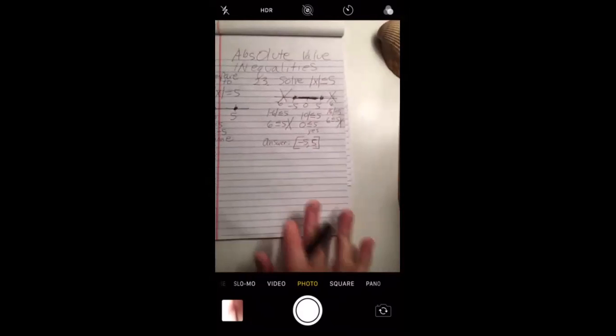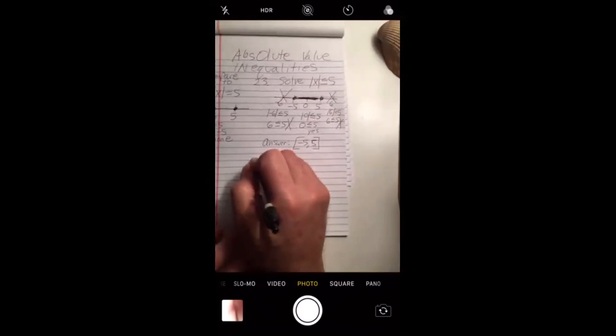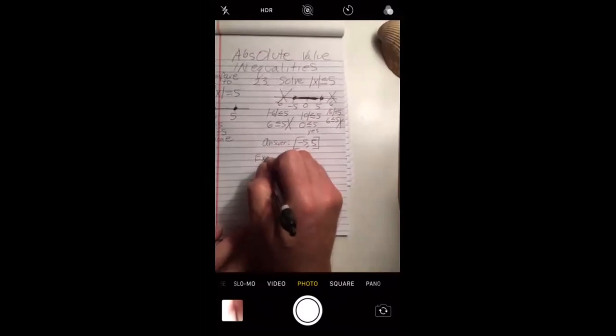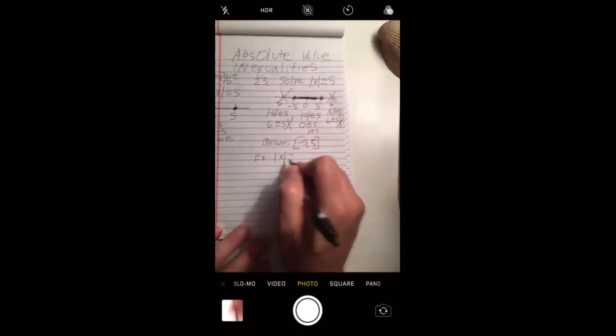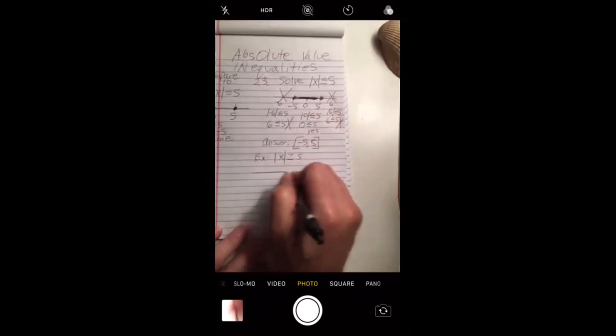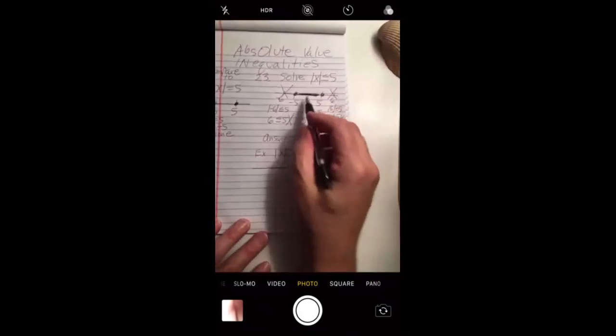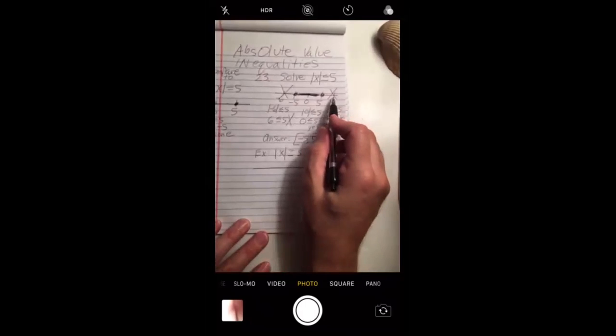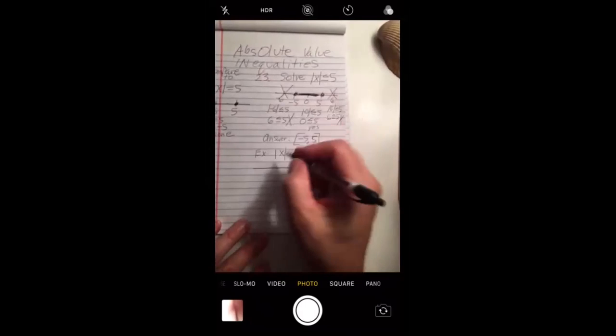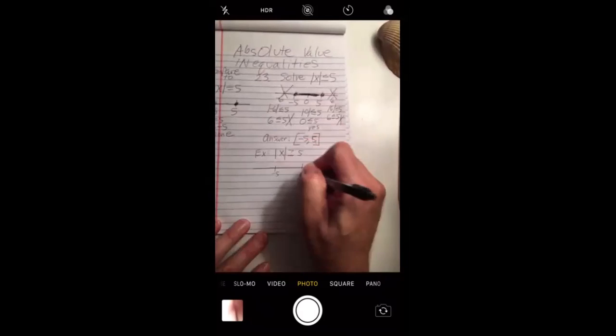Let me just show you the third case. This isn't on the page, just for what if you'd switch to a greater than, absolute value of x greater than or equal to 5. Can you tell it's going to mirror image this? You're still going to have your -5 and your 5.